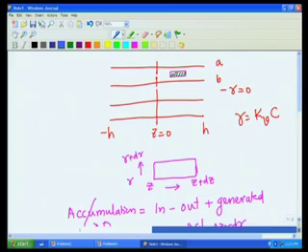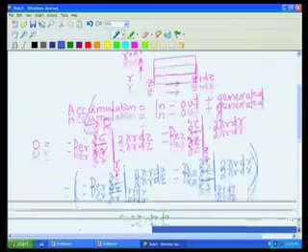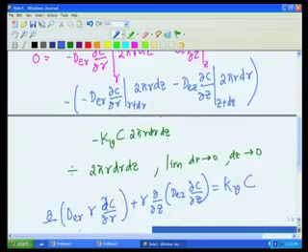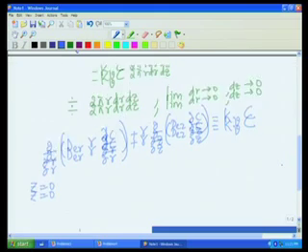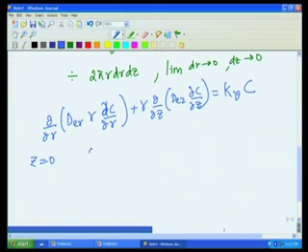So, the concentration gradient at z equal to 0 must be 0 in the axial direction. So, we can write our first boundary condition as ∂C/∂z is equal to 0 at z equal to 0. This comes from the symmetry.